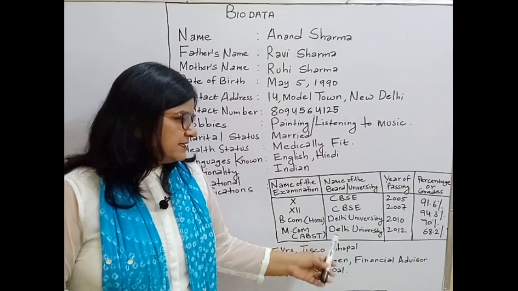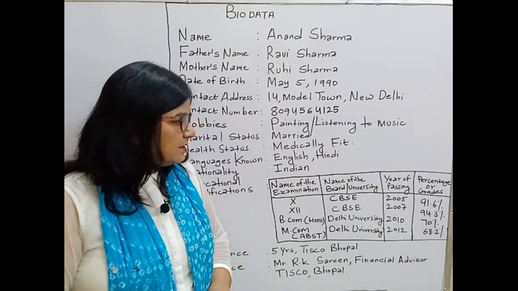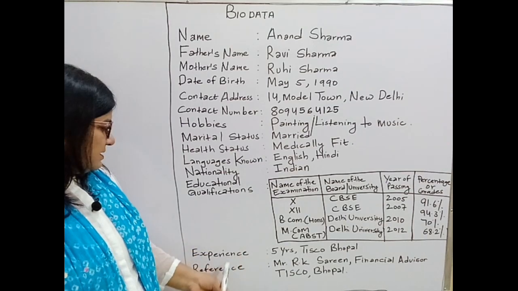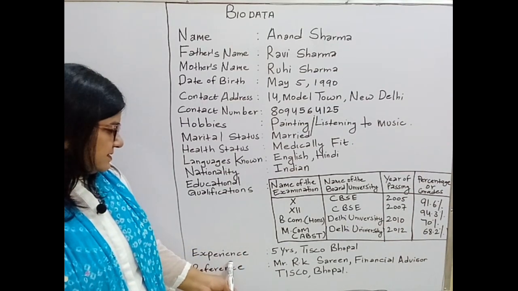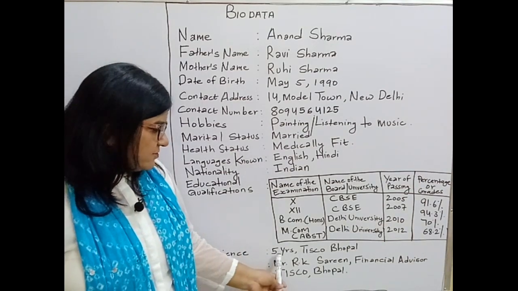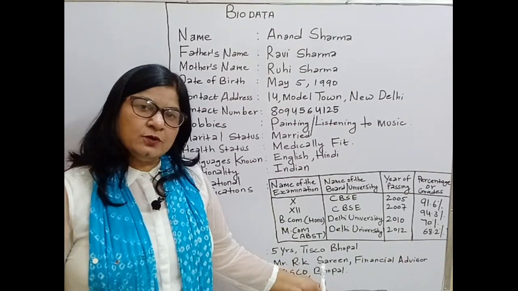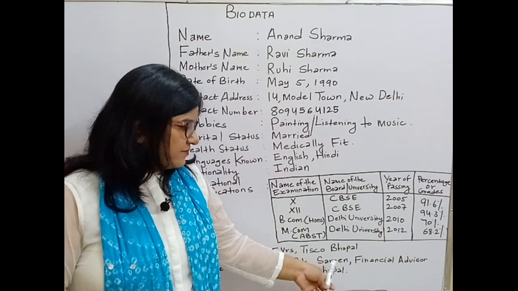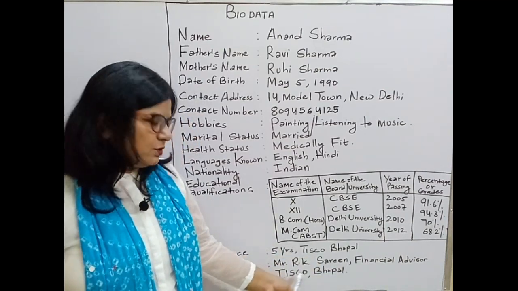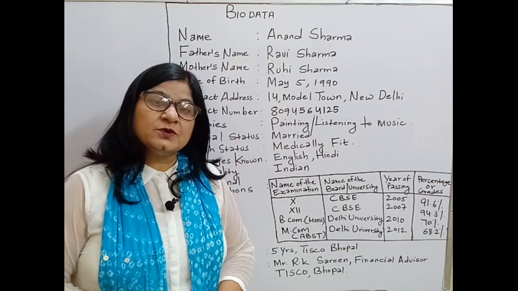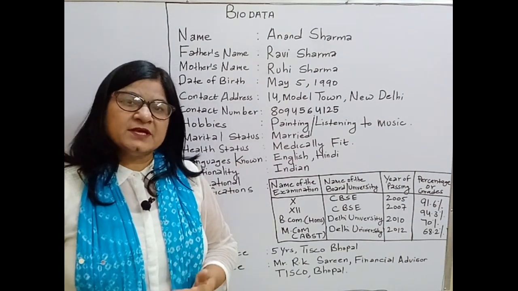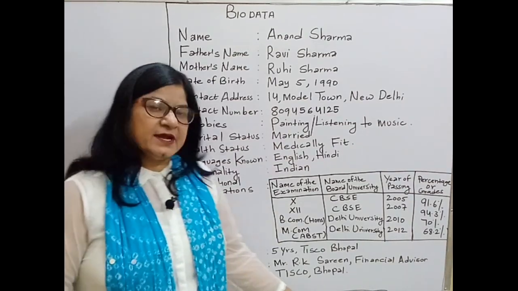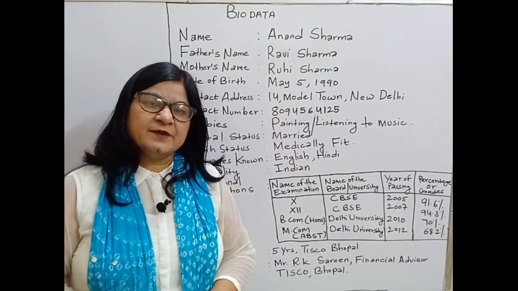MCom ABST, Delhi University 2012, 68.2%. Experience, the next part is experience. 5 years in TISCO, Bhopal. Reference, Mr. R.K. Sareen, Financial Advisor, TISCO, Bhopal. If you want to give the name of more than one or two persons, you can write here references, and you can write 2 to 3 persons' name here.